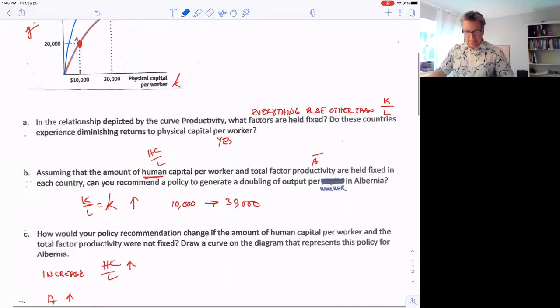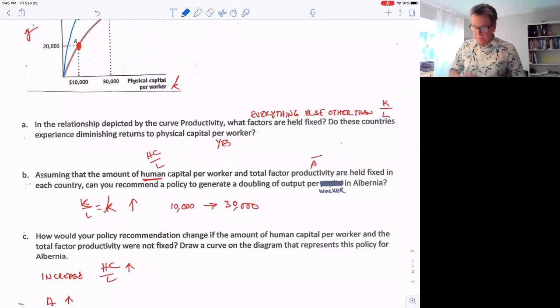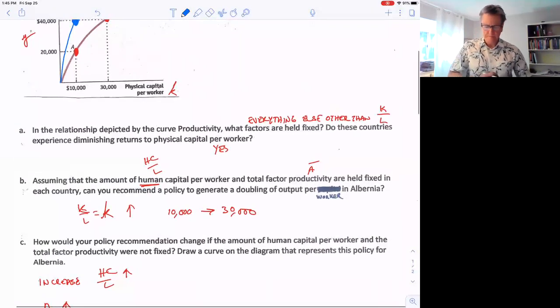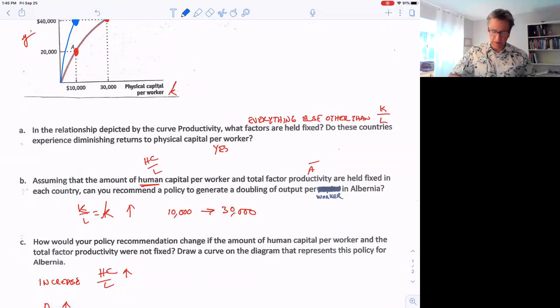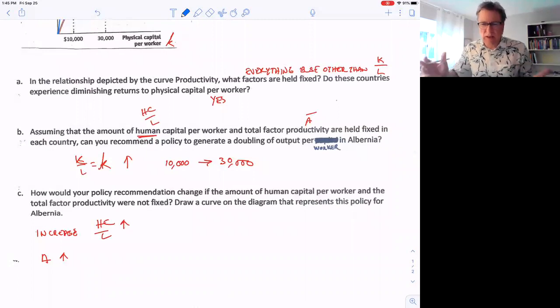Now, how could that be done? Well, we increase human capital, of course, people's skills and abilities, or do something that increases A, and there's a million things that go into A. So something like trade, opening to the rest of the world. That'll make the countries and the workers more productive, and real GDP would go up.